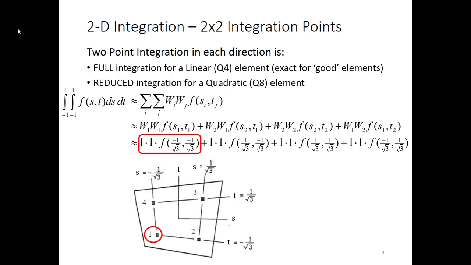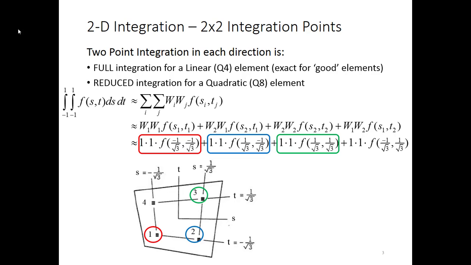This first term corresponds to what we call our first integration point. So we're evaluating the function at -1 over the square root of 3 in the s direction and -1 over the square root of 3 in the t direction. The second term is for the second integration point. We're evaluating in the s direction at a positive 1 over the square root of 3 and in the t direction at a -1 over the square root of 3. Go to the third term here.